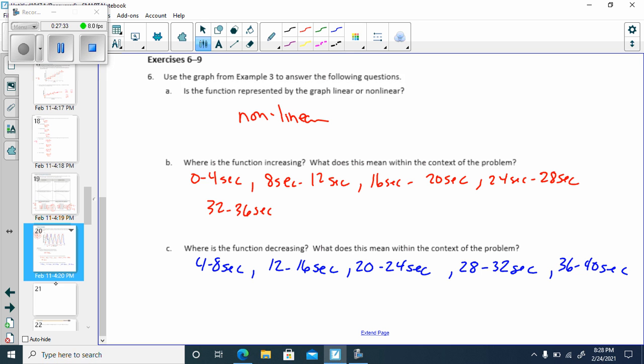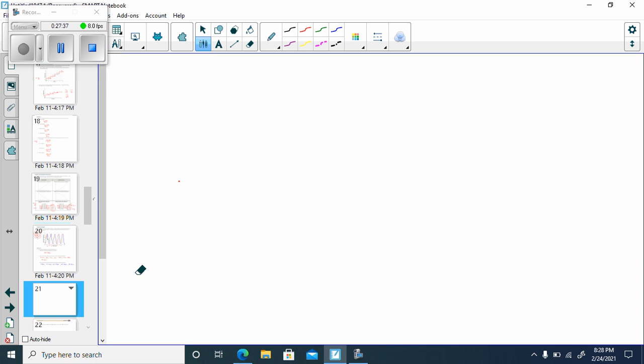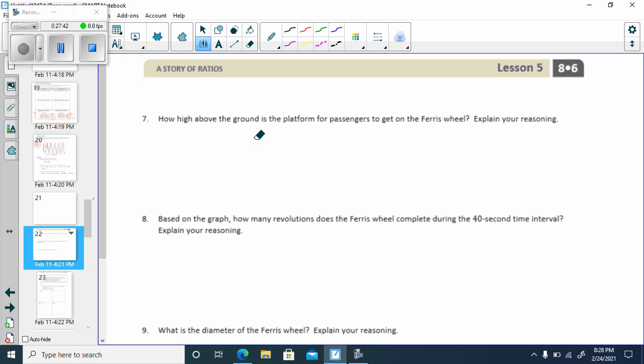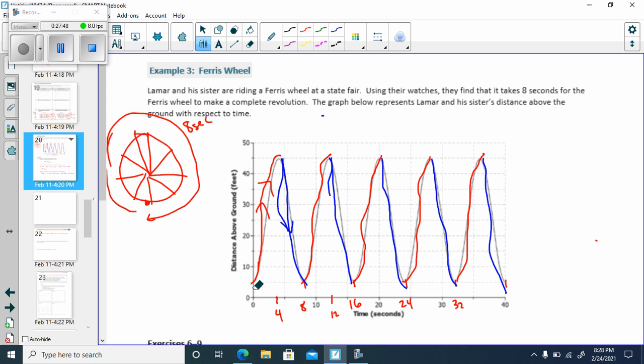Okay. And what does this next page tell me? It says, how high above the ground is the platform for the passengers to get on the Ferris wheel? Let's go back and look. When they first get on, how high are they up? 5 feet up, right?